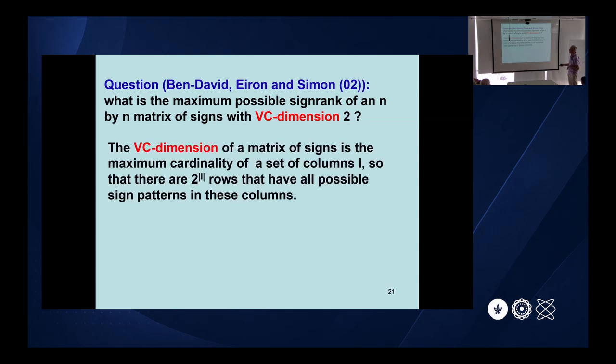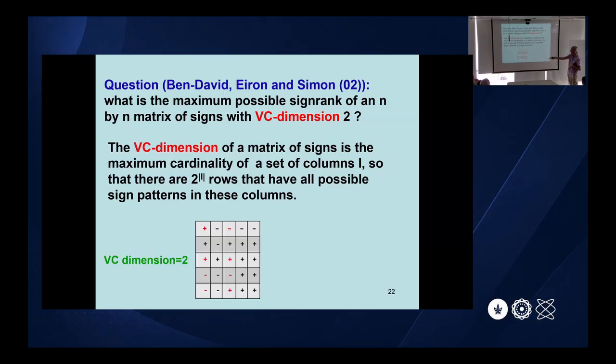Okay, so I wrote here, but let's go over it quickly. Probably many of you know the definition of a VC dimension. The VC dimension of a matrix of signs is the maximum cardinality of a set of columns such that if you look at the projection on this set of columns, you get all the possible signs.